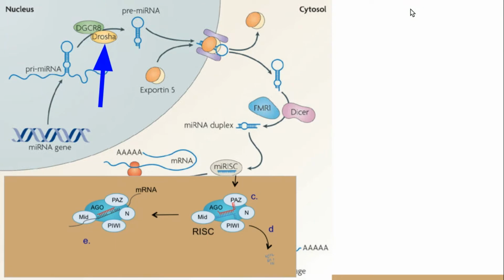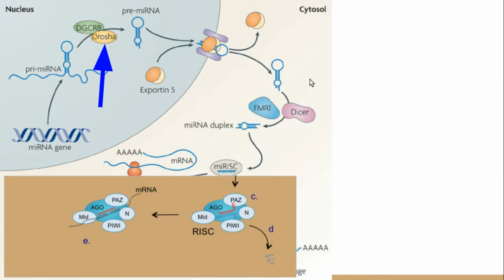So Drosha basically cleaves everything out but keeps the stem loop structure of the microRNA. But critically, it leaves a very small 2 base pair overhang, which is important for, you can kind of see it in the graphic, the recognition down the road.